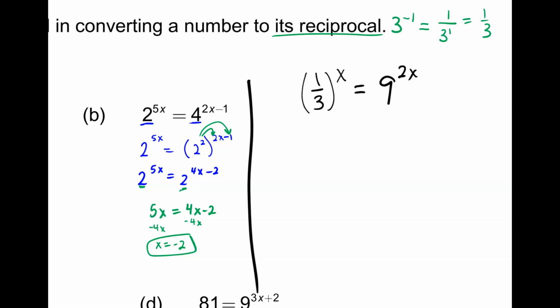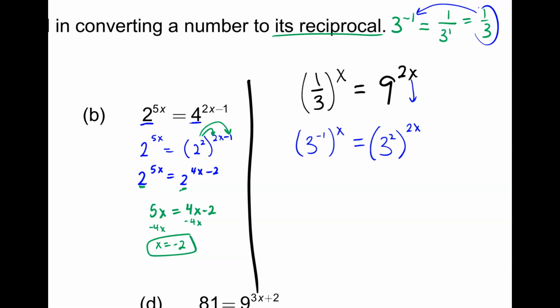Ooh, I need to have them both be the same base. And the easiest base to use would be 3. Well, I know 1/3 is just going to be 3 to the -1. So this is 3 to the -1 to the x. And I know 9 is just 3 squared, right, to the 2x.